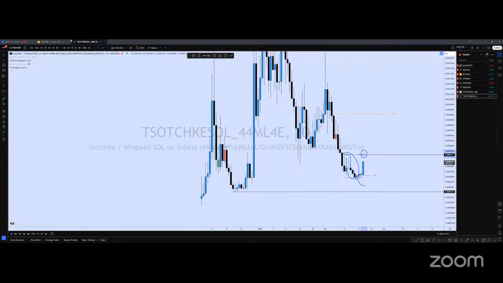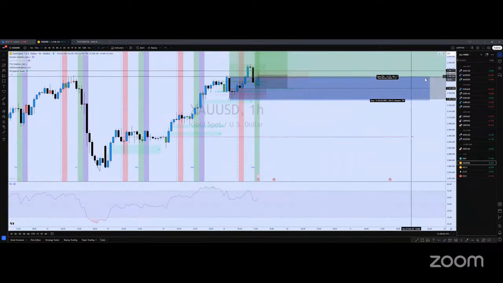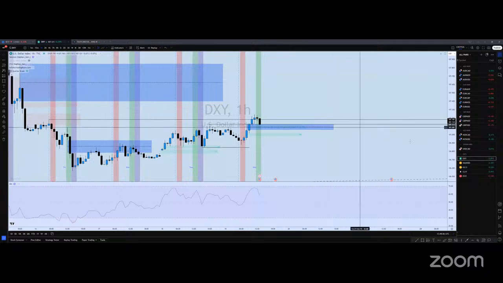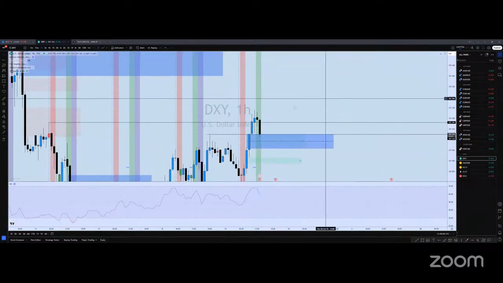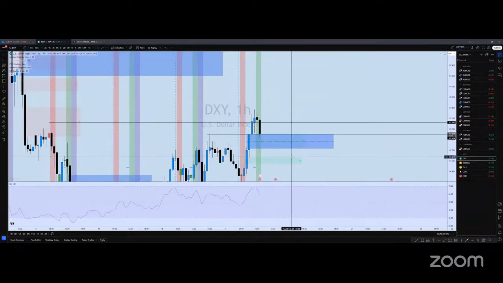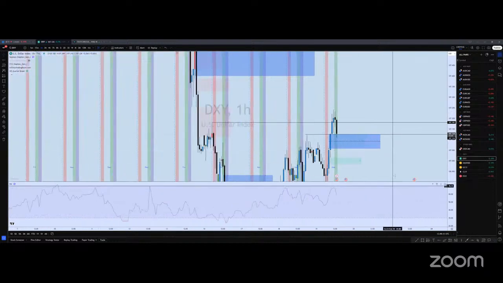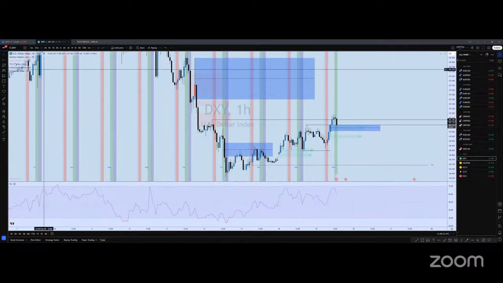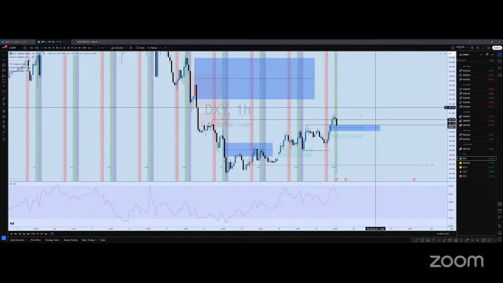And let's go back and look at dollar index because I have a lot of interest in that today because it's Wednesday. Since we have about 11 minutes to go, okay, we're just gonna watch this candle close as a down candle.